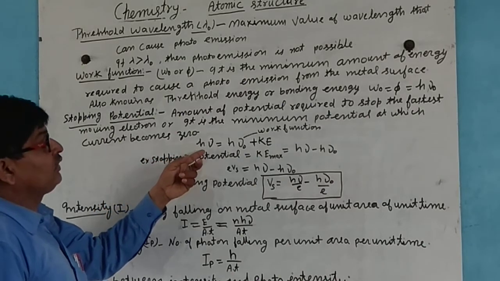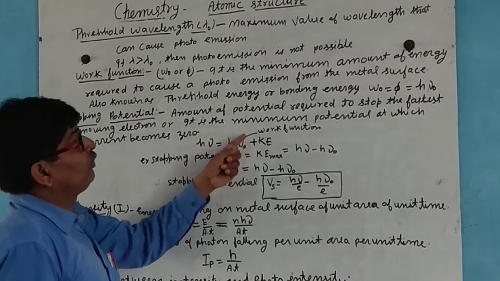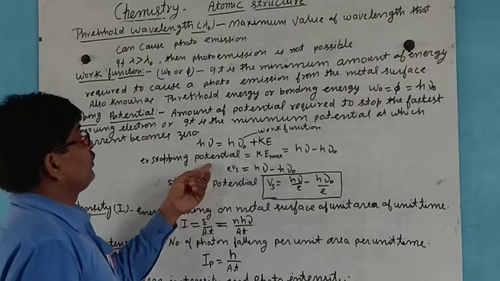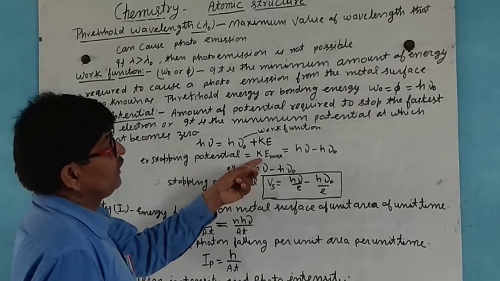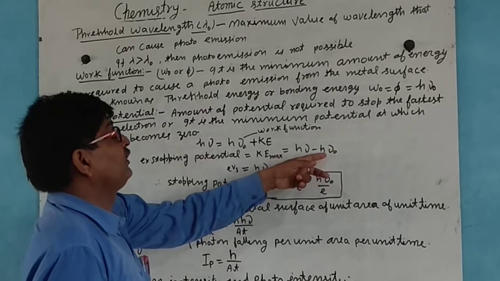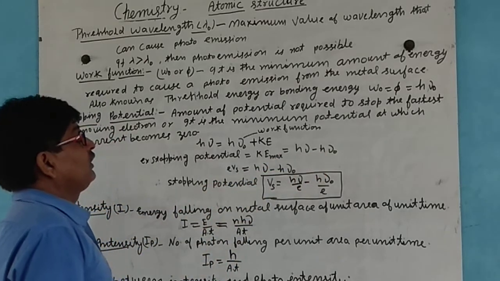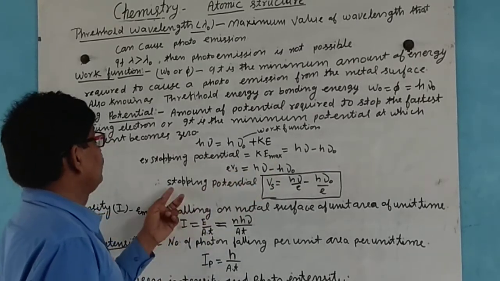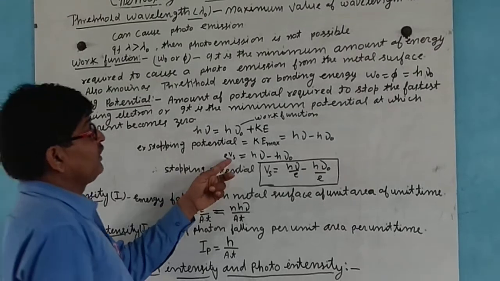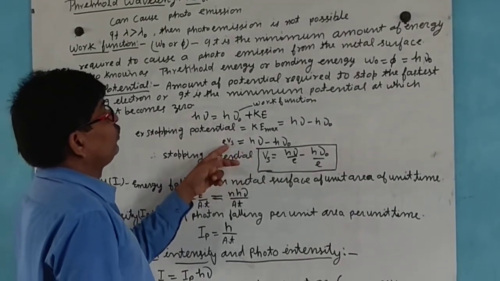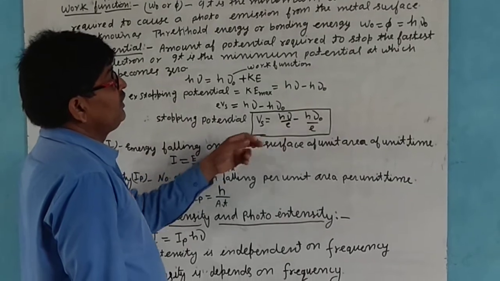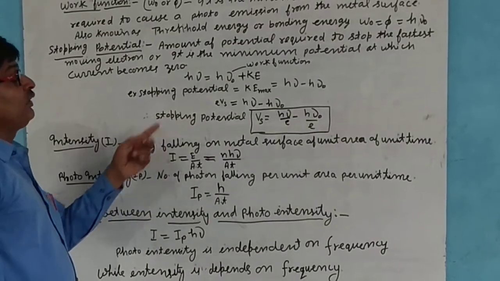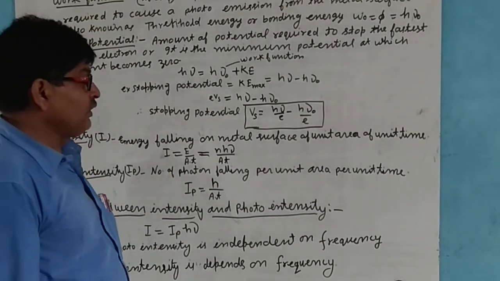Now h nu is equal to h nu 0, that is the work function, plus the maximum kinetic energy, so kinetic energy maximum is h nu minus h nu 0. So the stopping potential Vs is equal to h nu by e minus h nu 0 by e, where e is the electron charge. With the help of this, we calculate the stopping potential.